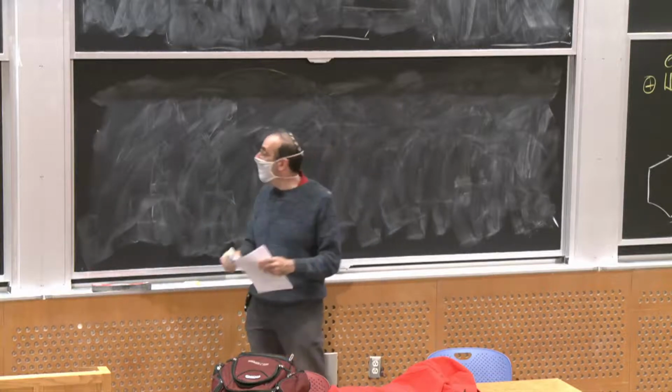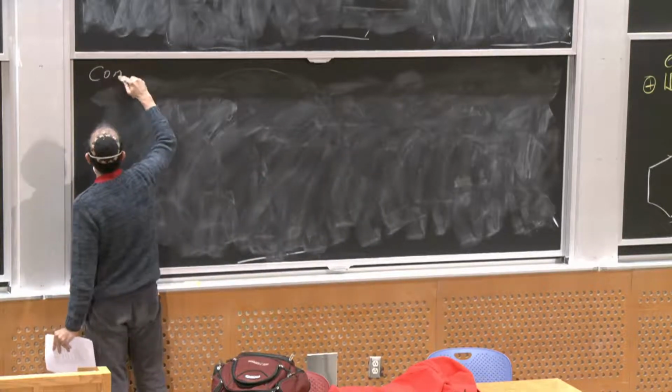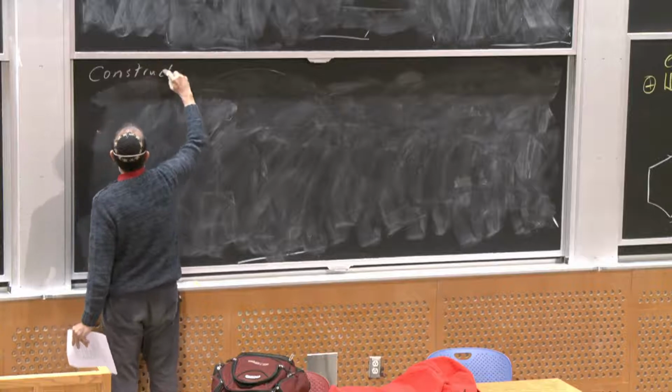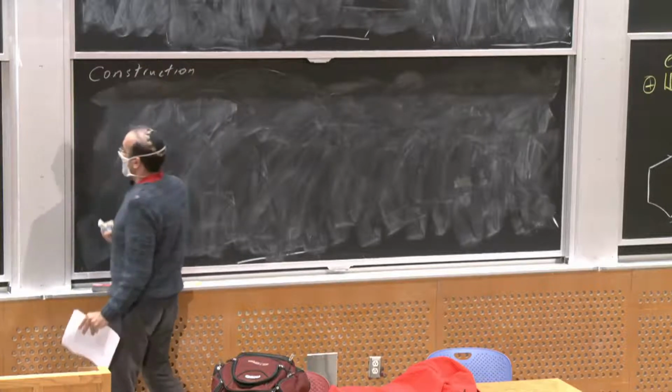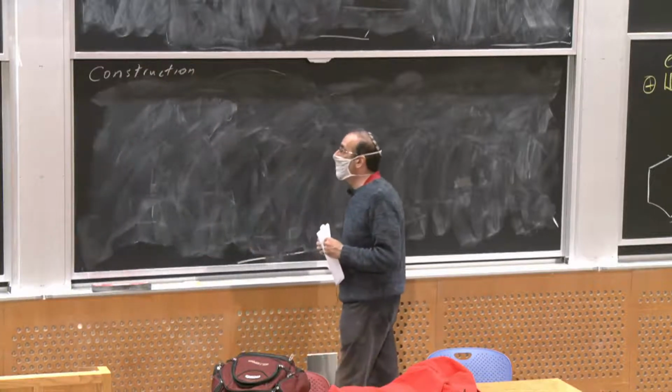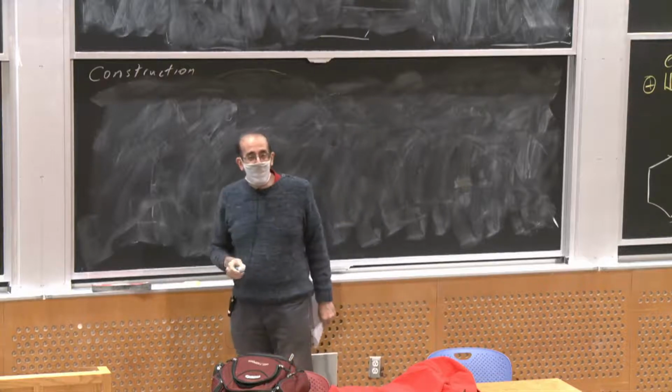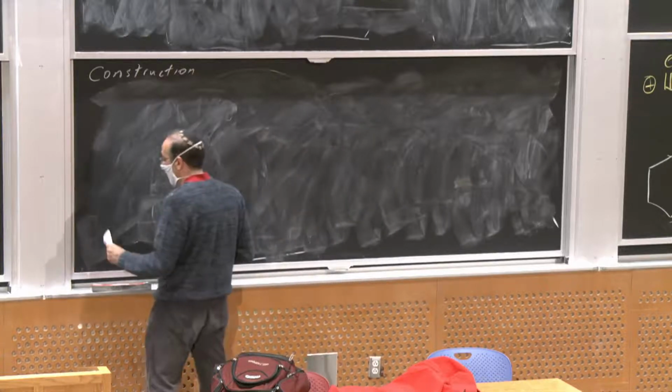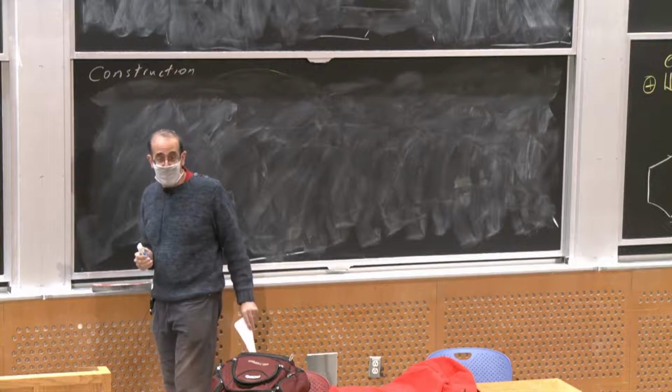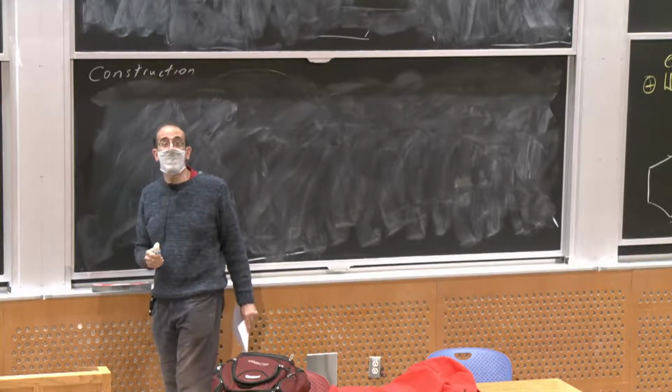So, one sort of sledgehammer approach actually reduces the Voronoi diagram to the convex hull problem in 3D.